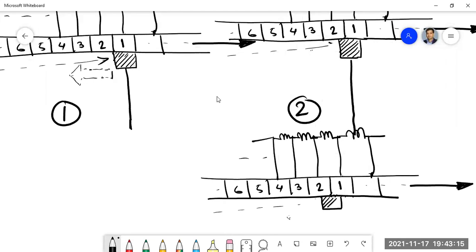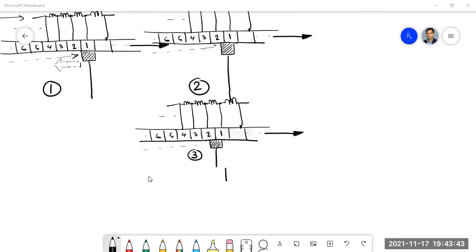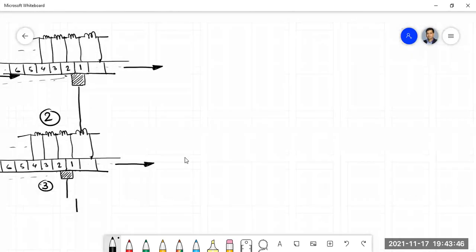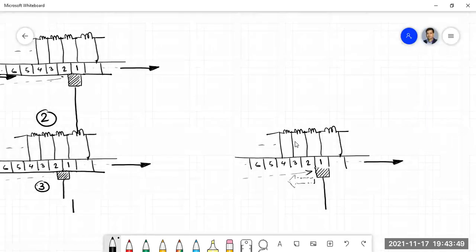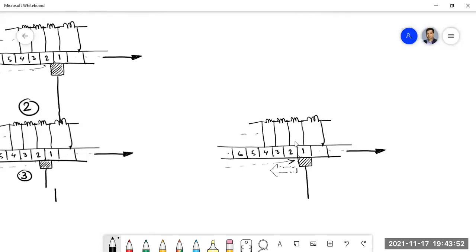Now got it? Yes, sir. Equal portion. In the fourth instant, can you tell me what will be the fourth instant?